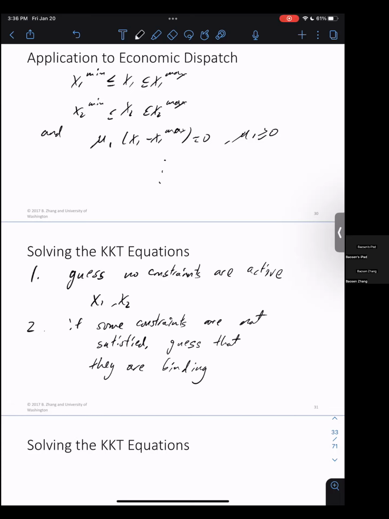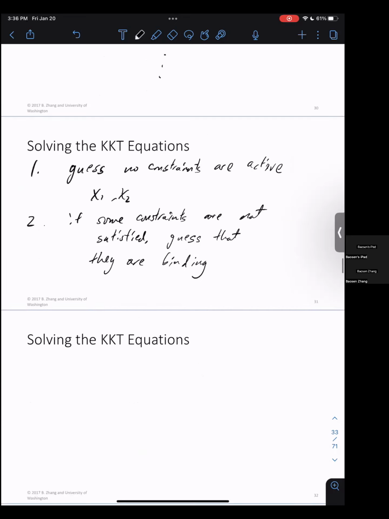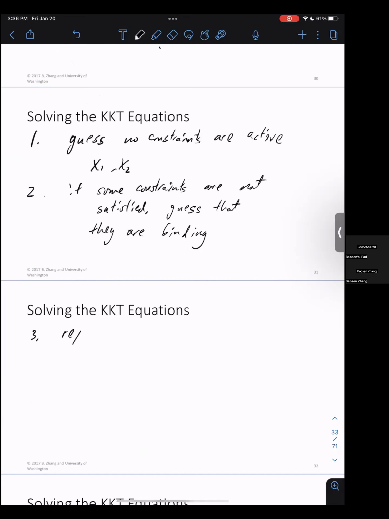If x1 turns out too small, guess x1 equals x1 min. Just try these kinds of guesses. And then three, repeat the procedure. You guess, then you check, then you guess, and you check. You'll get a good solution within 3-4 tries. It doesn't take that many tries, and normally you don't see the solution jumping around.